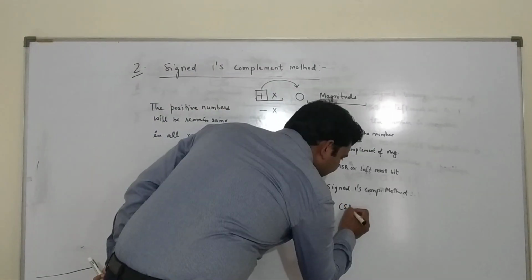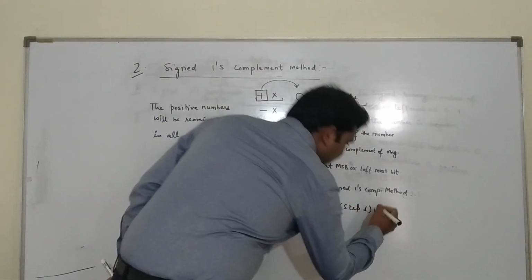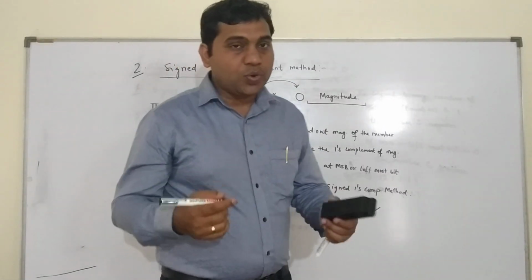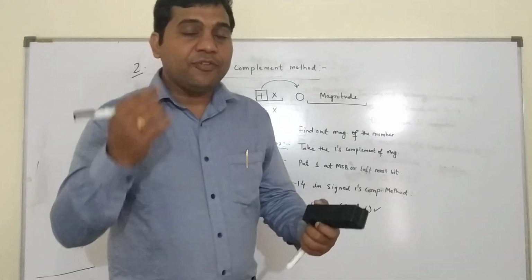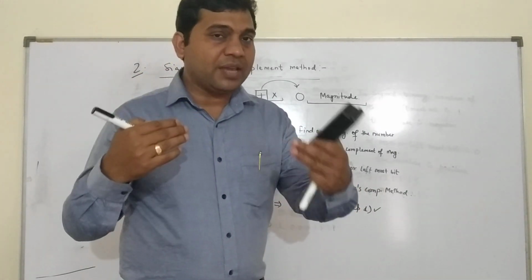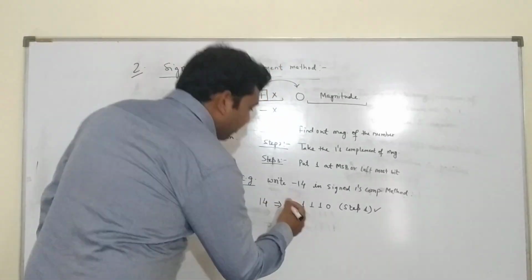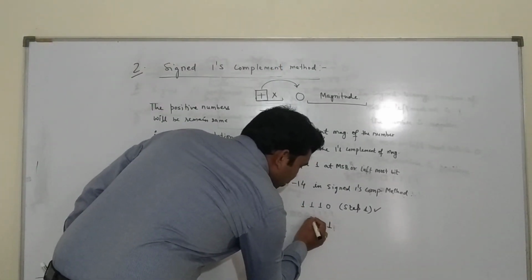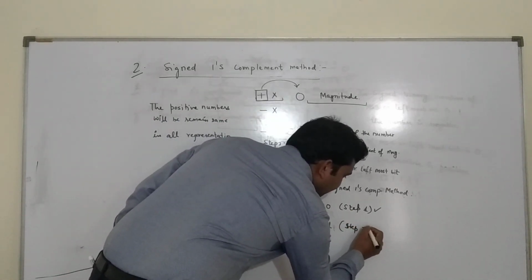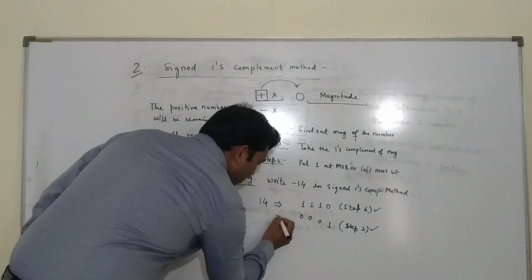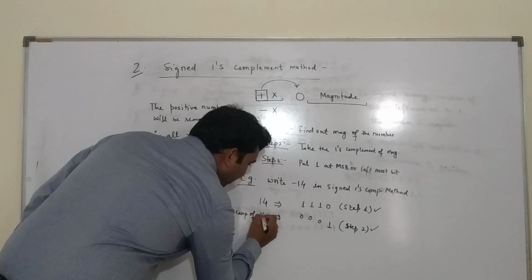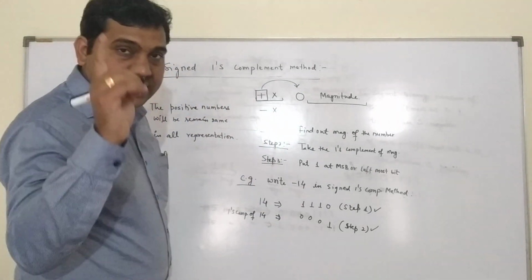Step 1 completed. Take the ones complement of this number. We know how to take the ones complement. In ones complement, we invert each digit. We make 0 to 1, we make 1 to 0. So the ones complement will be 1, 0, 0, 0. Step number 2 is done. It is the ones complement of 14. Now, what is step number 3?